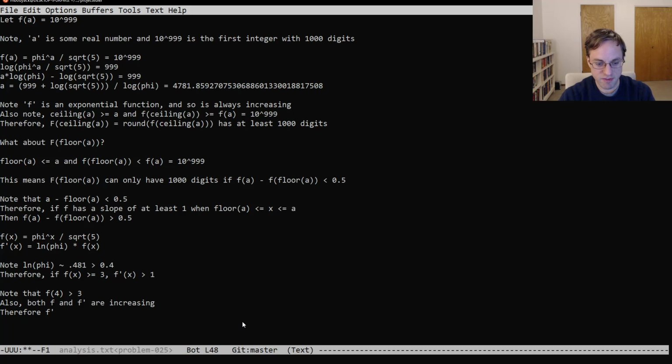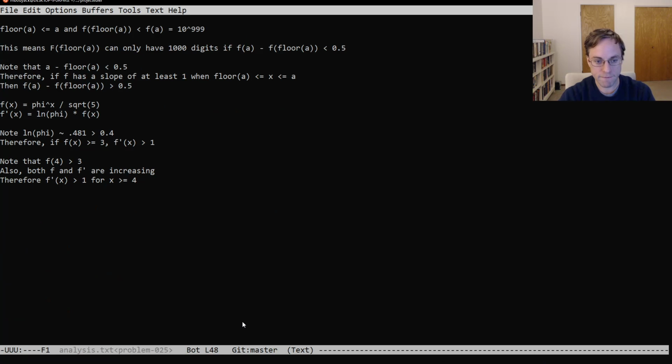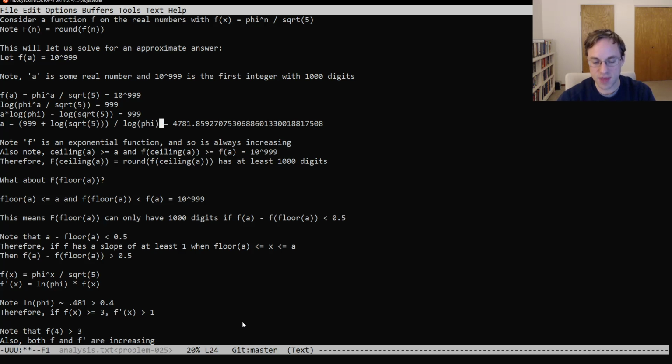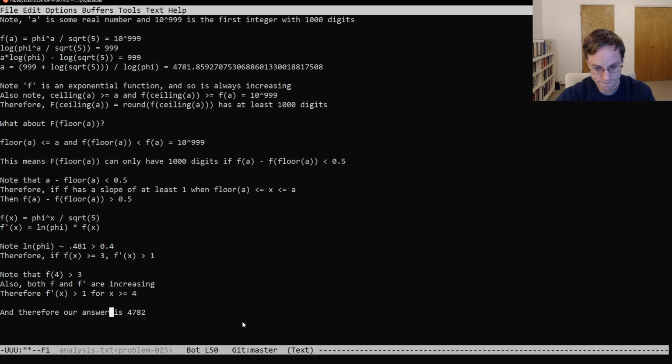Therefore, f prime of x is greater than 1 for x greater than or equal to 4. And therefore, our answer is 4,782. Let me just check to make sure. Yes, 4,782. That is the ceiling of A, which is equal to that value there.